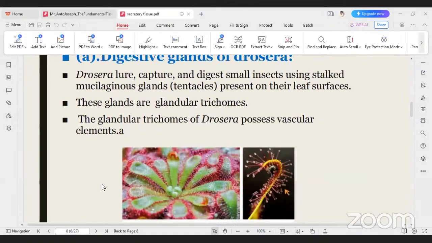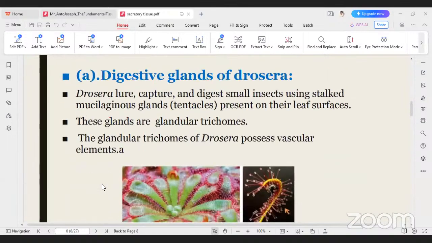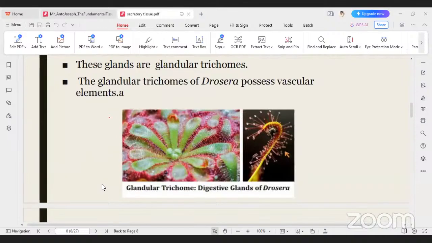Are insectivorous plants autotrophs or heterotrophs? In this picture you can observe the clear glandular trichomes on the leaf surface, with both stalk and head regions. This is the best example of insectivorous plants.